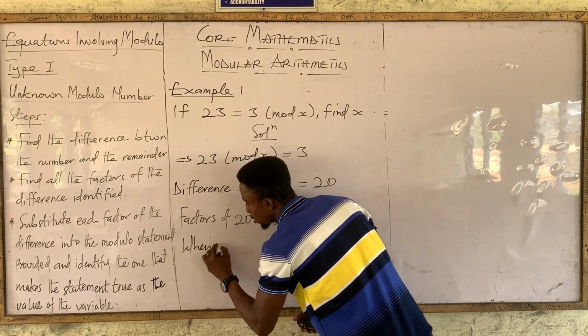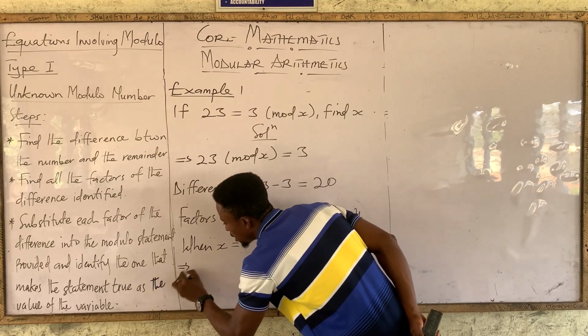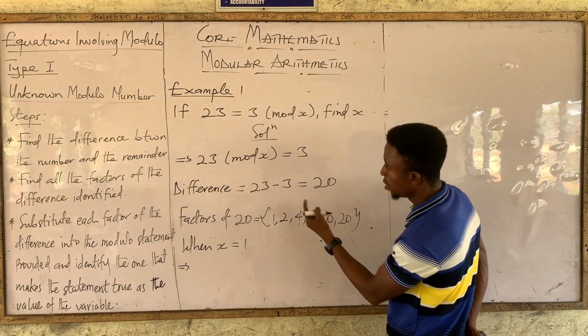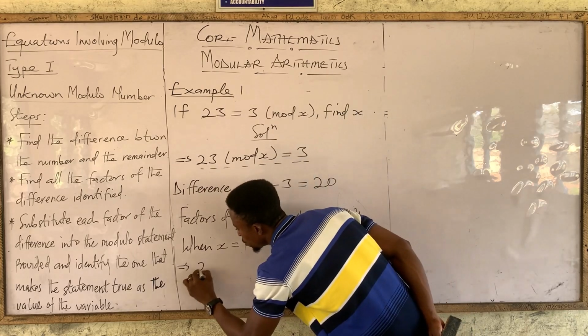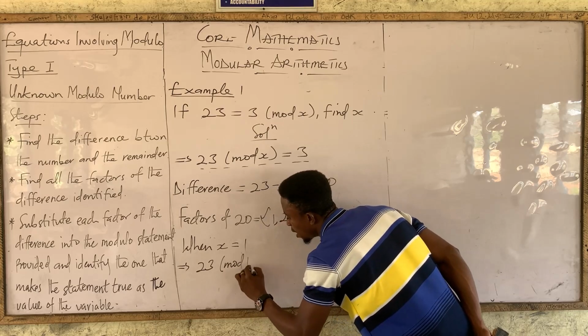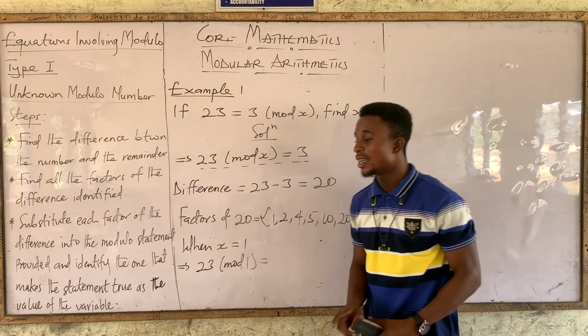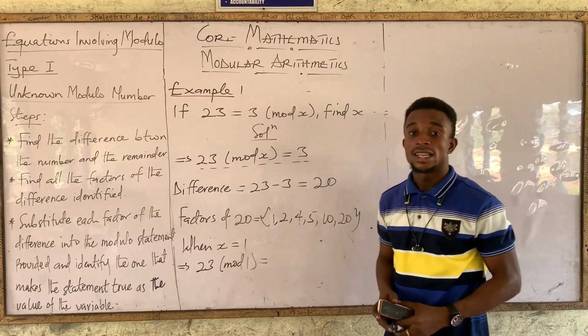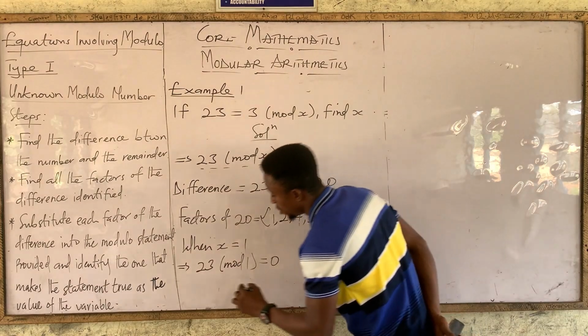When x is equal to the first one, 1, this implies that I will have 23 mod 1. 1 into 23 is exactly 23, so there wouldn't be any remainder, so the remainder is 0.